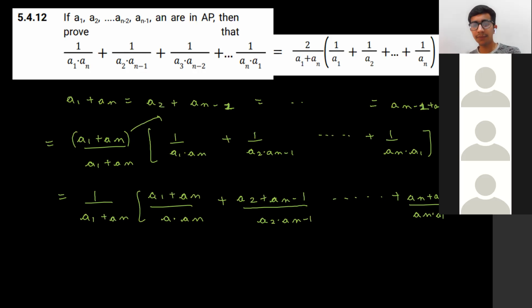And its previous term will be an minus 1 plus a2 divided by an minus 1 times a2. Any doubts till this particular step?